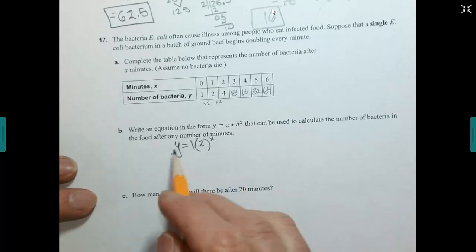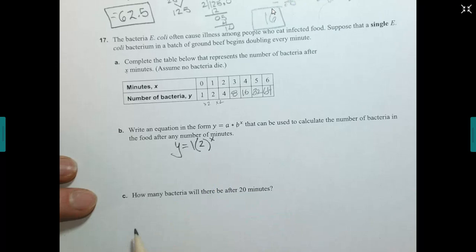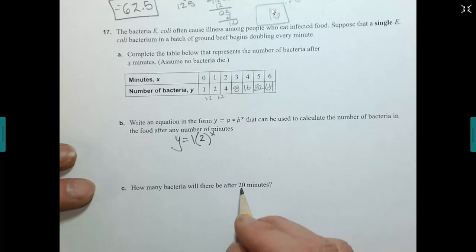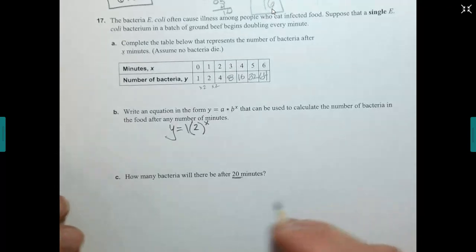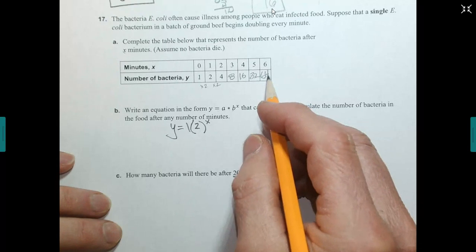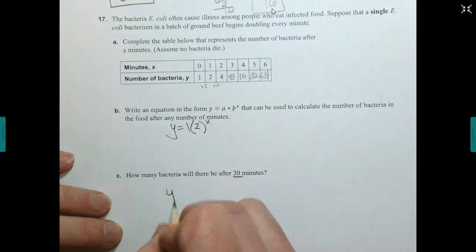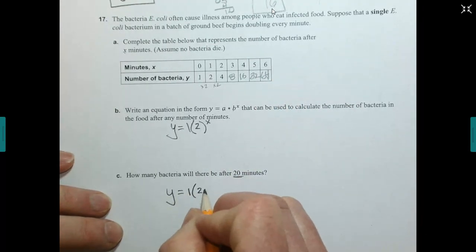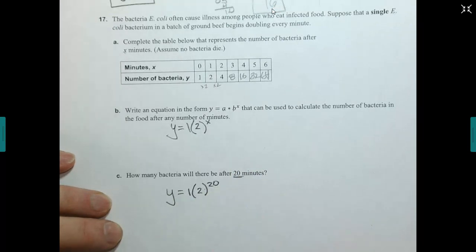So that's actually our equation right there. And so how many bacteria will there be after 20 minutes? It'd be nice if you guys guessed, because it's pretty cool how crazy this number gets. At 20, y equals 1 times 2 to the 20th.